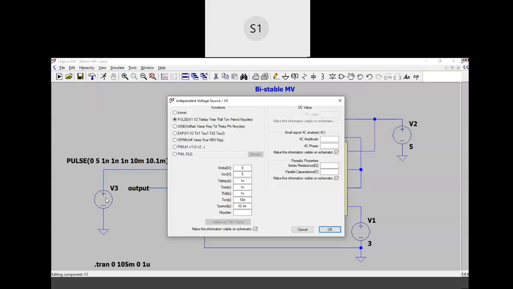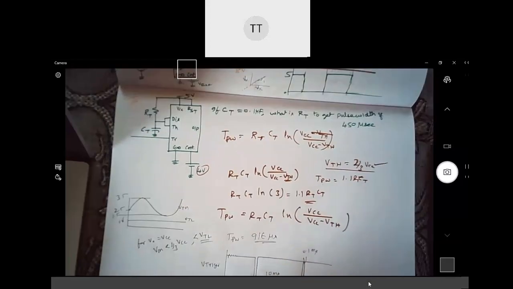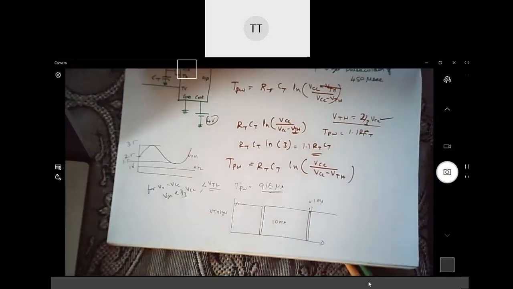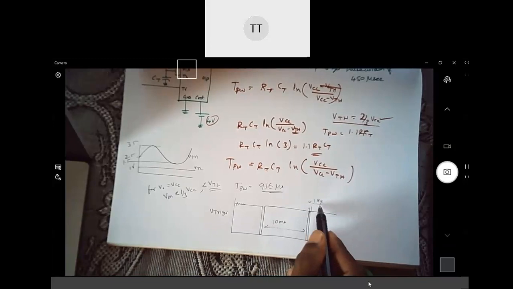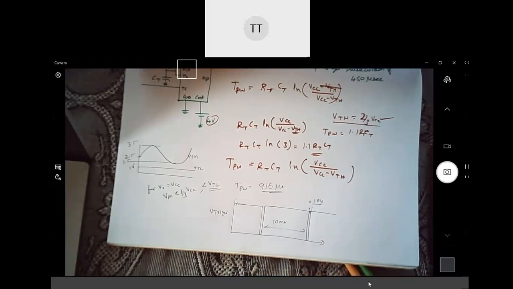So this will be 0.1 millisecond. Is it something like this? Let me just share. It will be something like this. This is 10 millisecond, and it is off for hardly 0.1 millisecond.